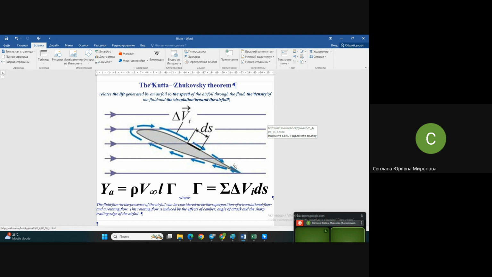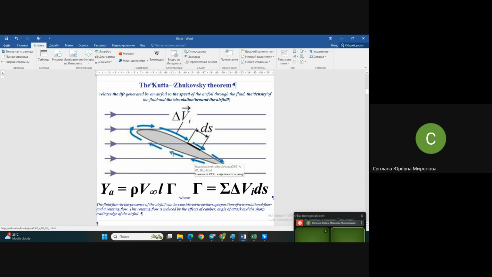And actually, the physical understanding, the physical meaning of this value, circulation. Here it's given like the sum of speeds along some contour. Actually, it's a linear integral over a closed contour.